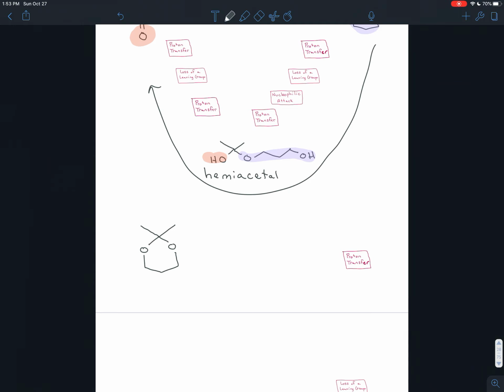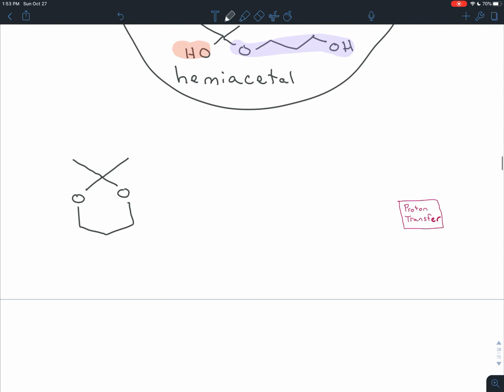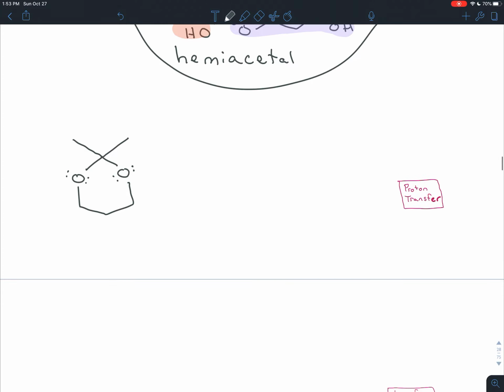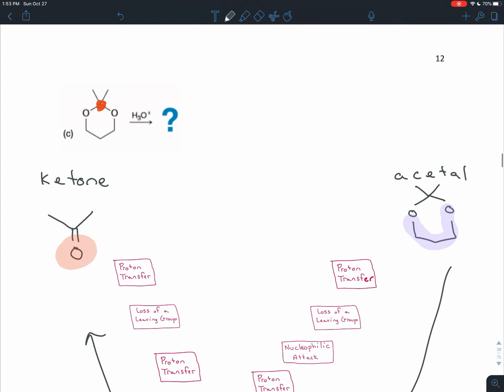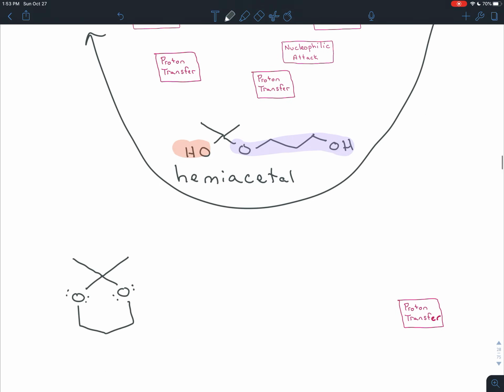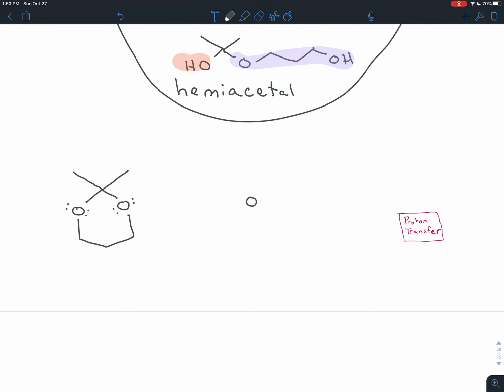Now we want these ethers off of the molecule. But right now they're terrible leaving groups. If they tried to leave, they'd have a full negative charge, which is not stable. So to make them a better leaving group, we're going to use the acid that they give us in the exercise. So we'll have this hydronium.